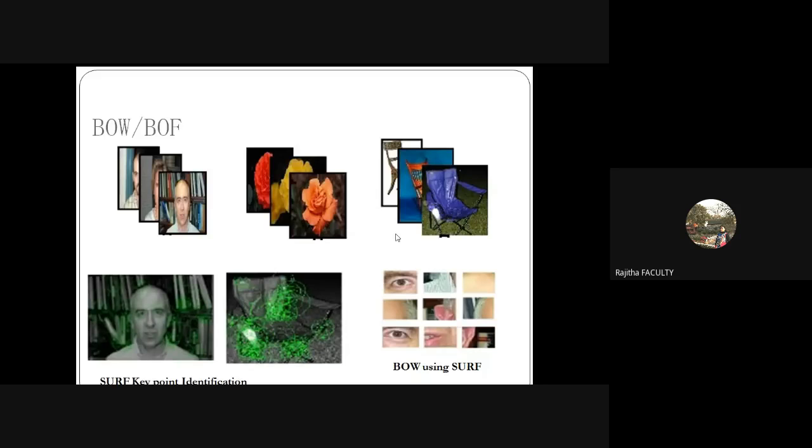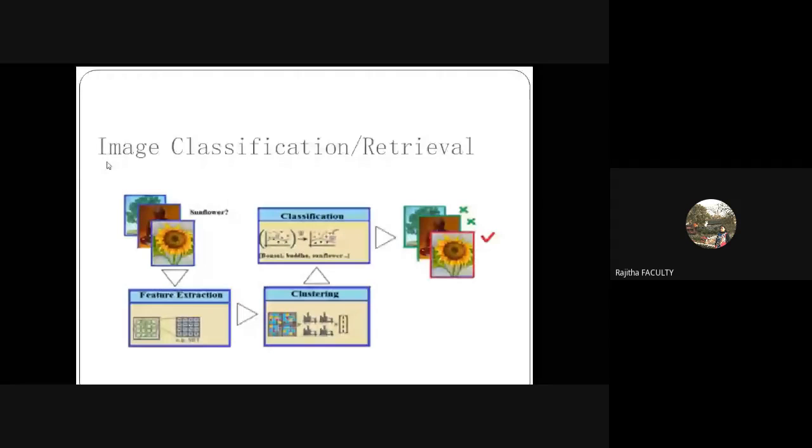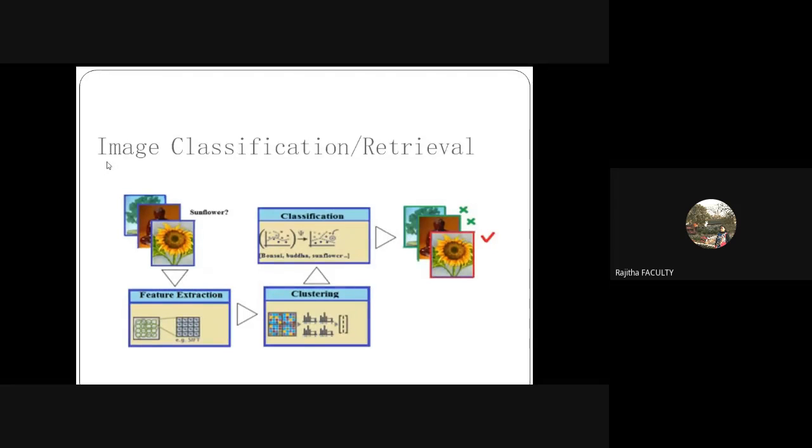Now, this is my flow chart. So I want to apply image classification or video classification. Video classification is generally the combination of all the frames of that video. So whatever process you apply on an image, the same thing applies for the video, but you have to work on many images for one video, right? So that is the difference.